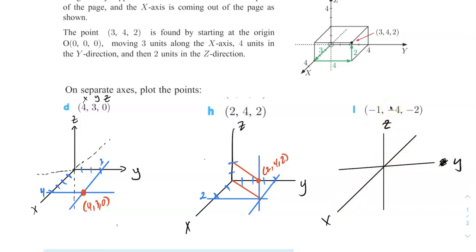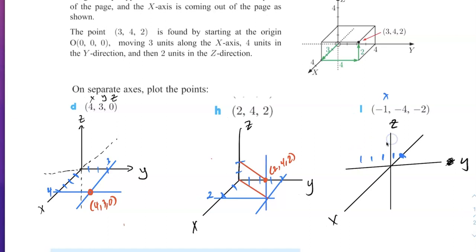So if I want to do -1 on my X, which is the first term, I'll go back to -1. So I'm right there right now. And then from that spot, we're going to go -4 on our Y. Now remember, -4 means we're going to go back 4. So from this spot, I'm going to go 1, 2, 3, 4. And then from that spot, we're going to go down 2.